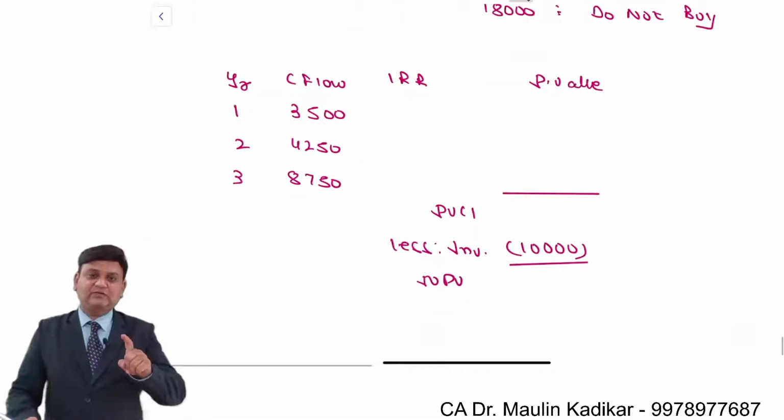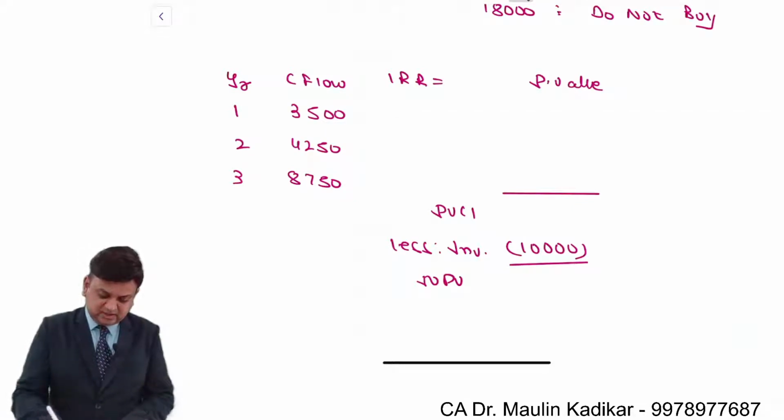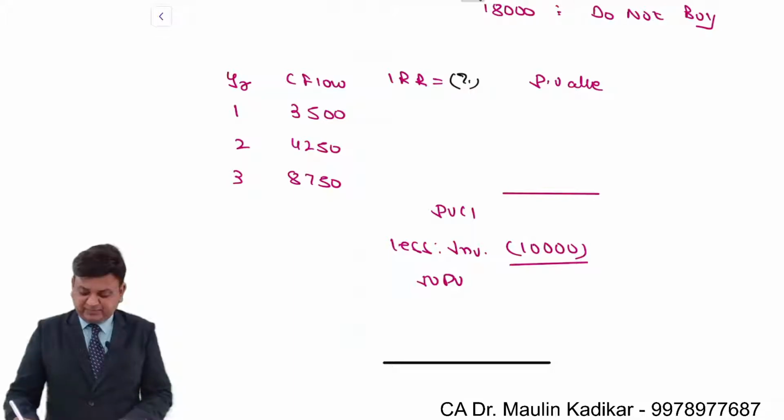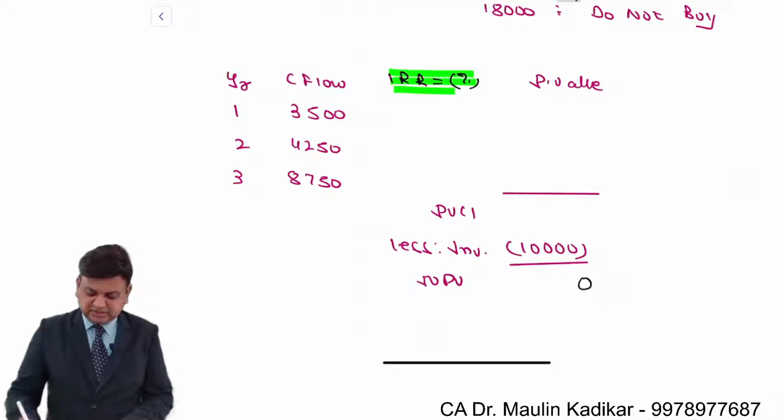Now understand carefully what I am going to say. What is IRR? IRR is the discounting rate at which NPV of the project is 0. That is called IRR.